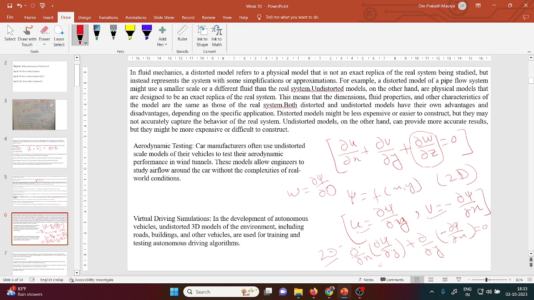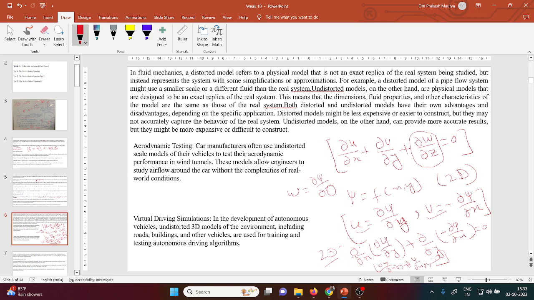So del psi by del x del y minus del psi by del x del y is equal to 0. But when we write w with respect to something, it is not equal to 0; mathematically it is not possible.